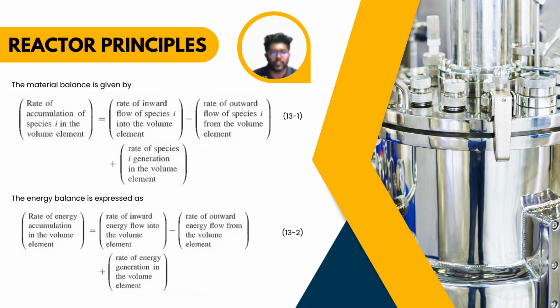Moving on to the next equation is the energy balance equation, which is expressed as rate of energy accumulation in the volume element is equal to rate of inward energy flow into the volume element minus rate of outward energy flow from the volume element plus rate of energy generation in the volume element. This is equation 13-2.